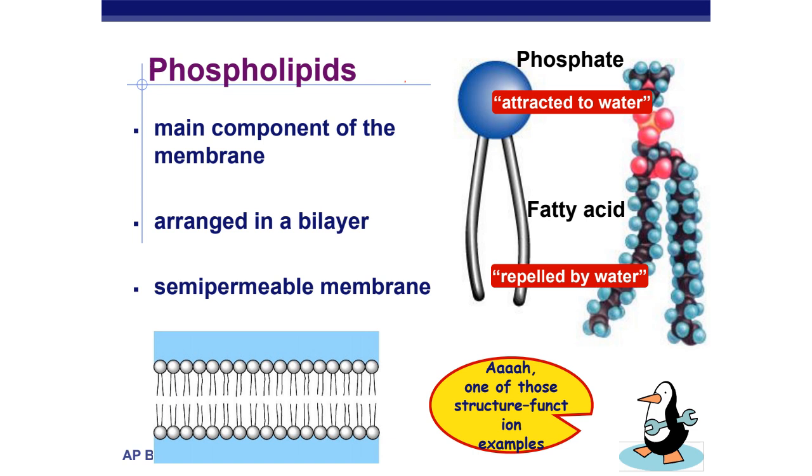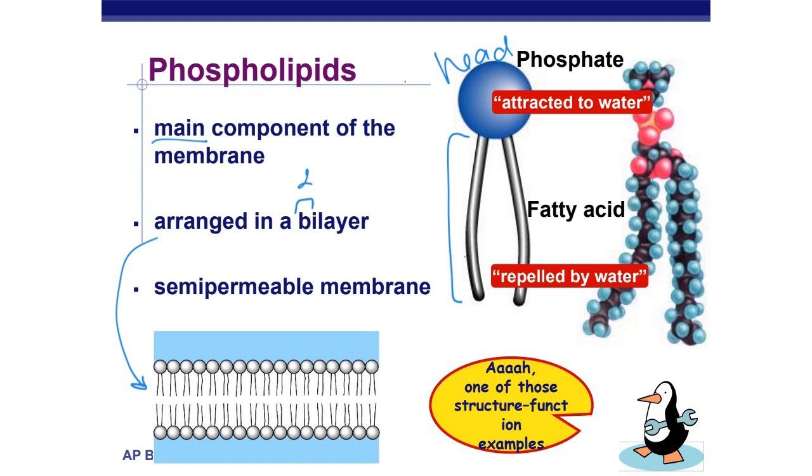So let's focus first on the phospholipid, since the phospholipid makes up the bulk of the cell membrane. So it is our main component of the cell membrane, and it's arranged in a bilayer. Bi means two, and you can see that being illustrated down here in this picture. So the phospholipid has some distinct components to it. The top part, or the head, the circular part there, contains a phosphate group, which is attracted to water.